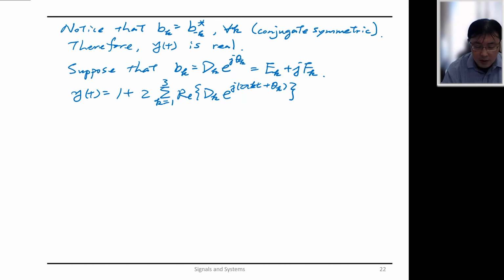And this would be equal to 1 plus 2 times the summation of d_k cosine (2 pi k t plus theta k).